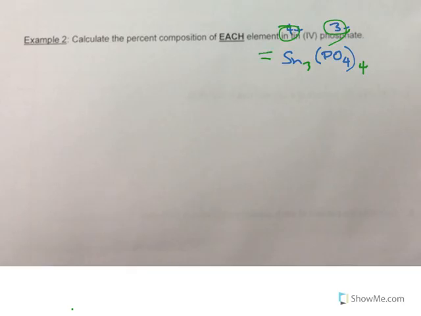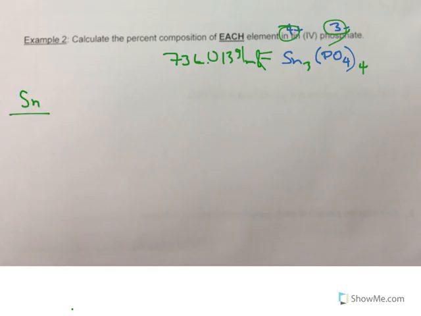We have 3 times the mass of tin, which is 118.711, plus 4 times the mass of phosphorus, which is 30.974, plus the mass of oxygen. 4 times 4 is 16, times the mass of oxygen, which is 15.999. This gets us a molar mass of 736.013 grams per mole.